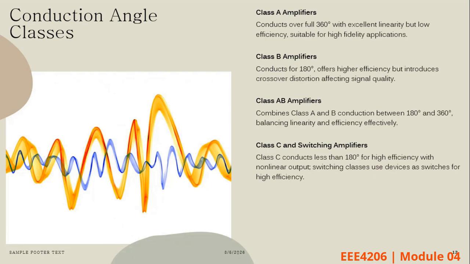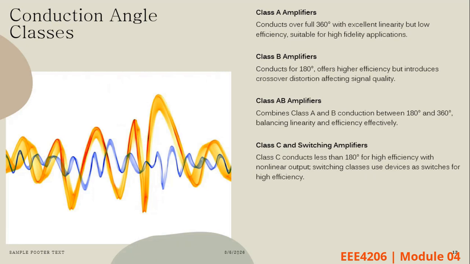class C, finally class C, and also the other switching amplifiers. So the class C offers what we call very high efficiency, but is highly non-linear. Okay, it is highly non-linear.